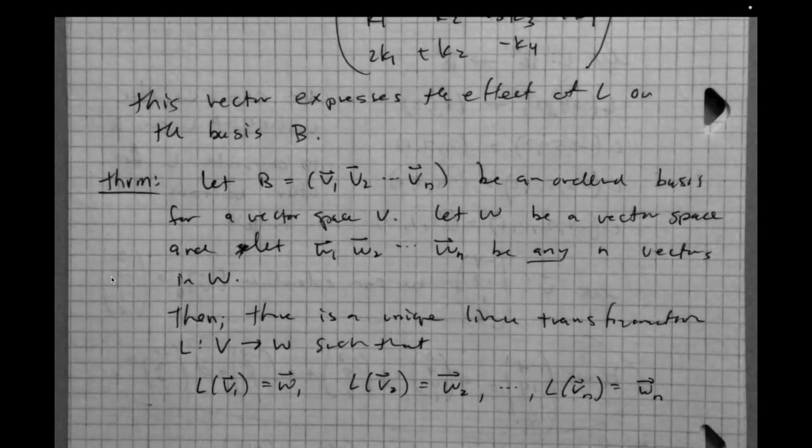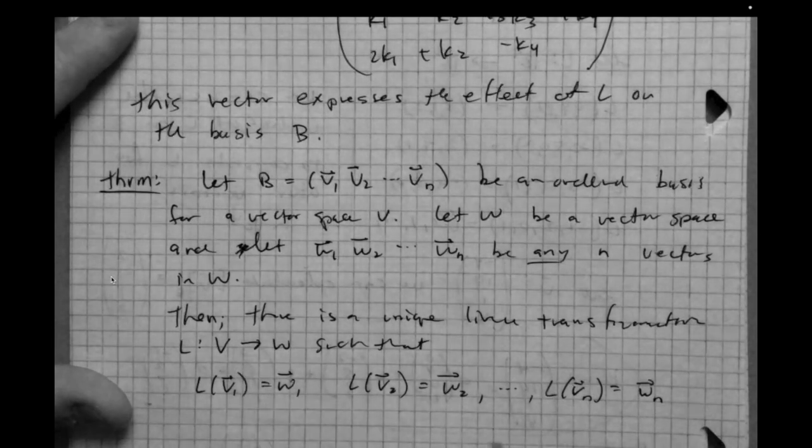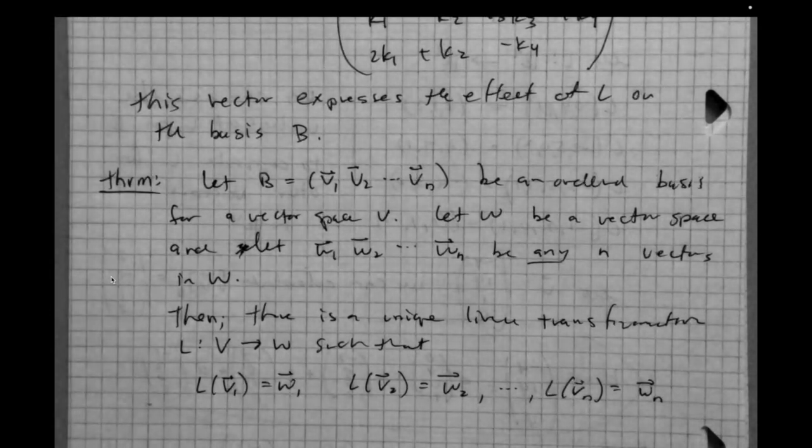Okay, so what's the idea here? Given an ordered basis B for V, and any n vectors from W, it is possible to identify a unique linear transformation L such that each of these n vectors chosen from W can be written as a transformation of the n basis vectors.